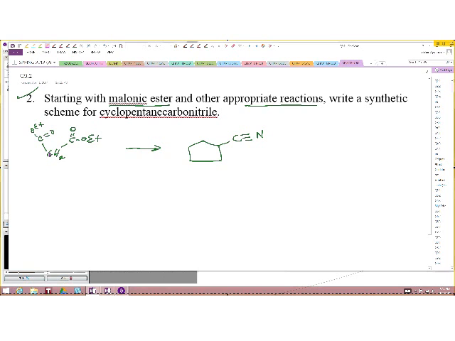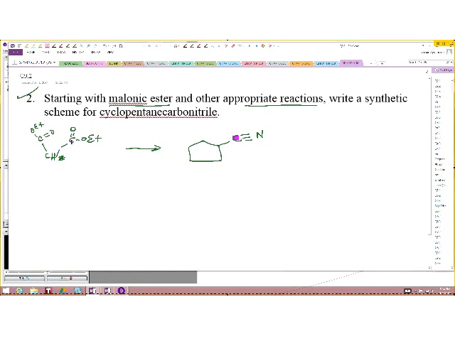Let us start with this carbon here. We start by assuming that this carbon here has got to be one of these carbonyl carbons from the malonic ester.